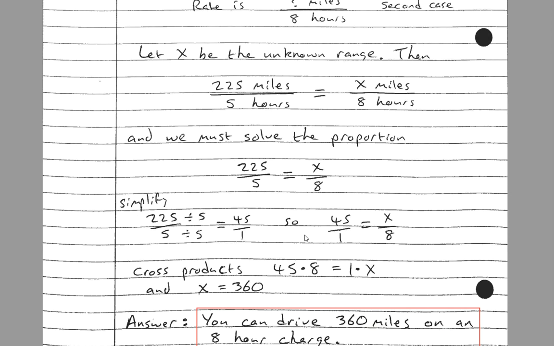That was step A. Step B, set the cross products equal. Like we've been doing, for this proportion to be true, then 45 times 8 has to equal 1 times x.